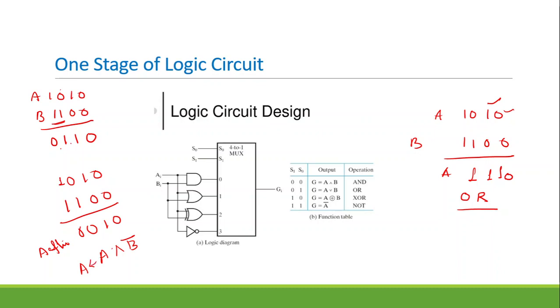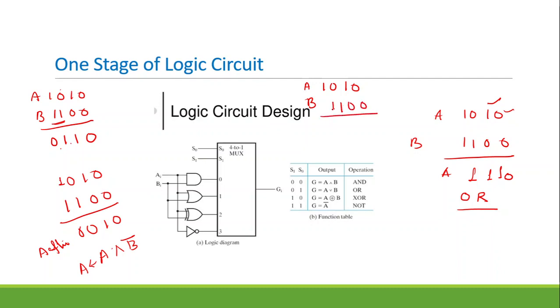The mask operation is similar to the selective clear operation, except that the bits of A are cleared only where there are corresponding zeros in B. The mask operation is an AND micro operation. So here, suppose the A input was 1010 and the B input is 1100.